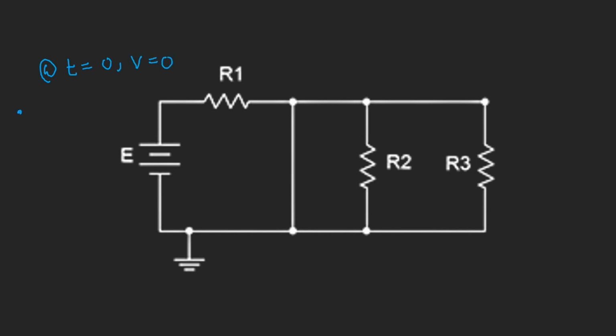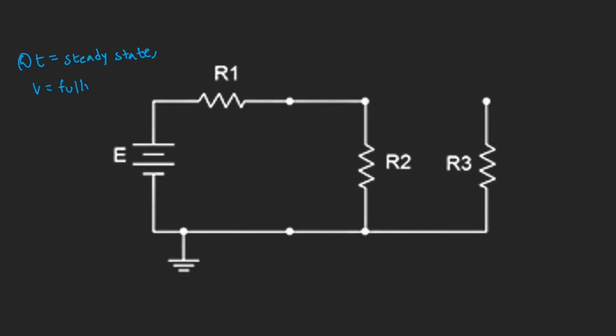You can see the voltage is also 0. So while the capacitors are charging, they act as shorts and allow all the current to flow through. At t equals steady state, the voltage of the capacitors is fully charged. Therefore, the capacitors act as opens.